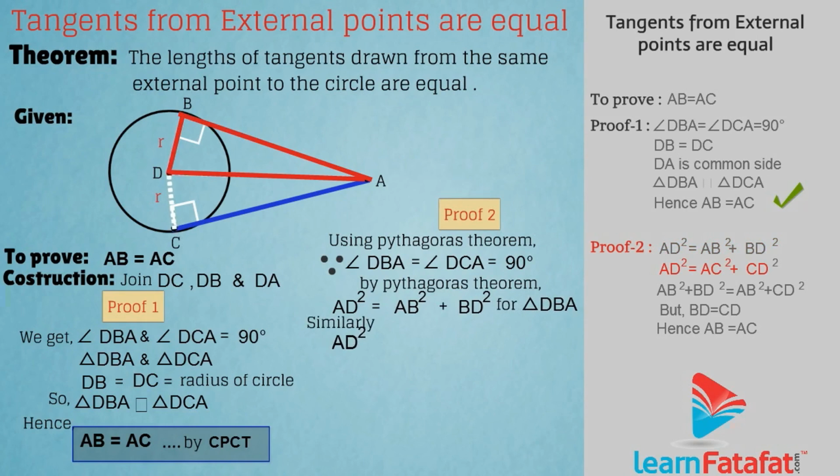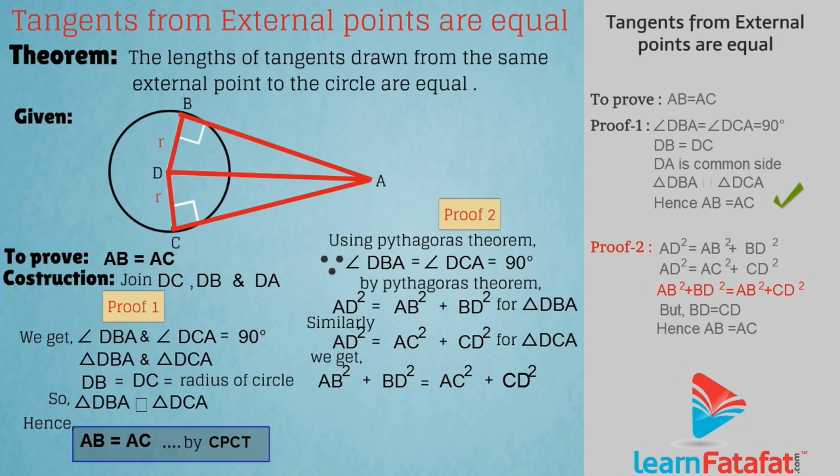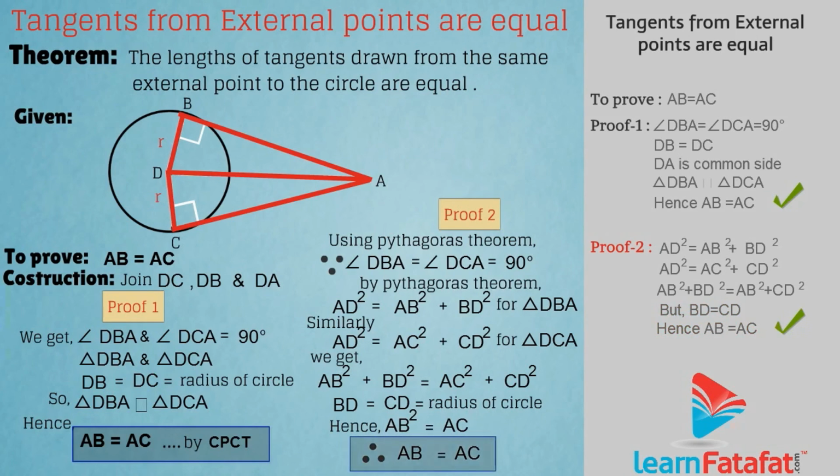Similarly, AD square is equal to AC square plus CD square for triangle DCA. Thus, we get AB square plus BD square is equal to AC square plus CD square. But as BD is equal to CD, hence AB square is equal to AC square. Therefore, AB is equal to AC. Hence, it is proved.